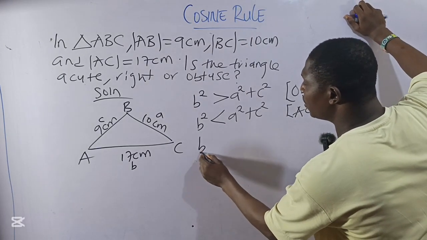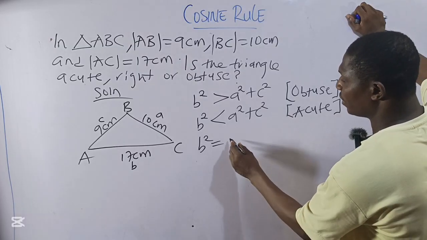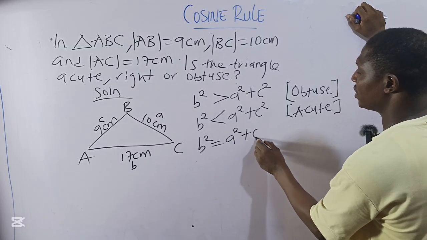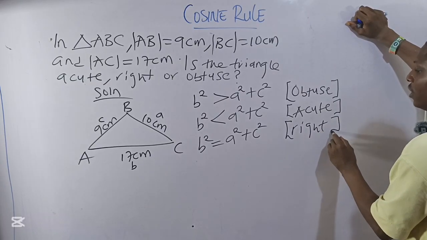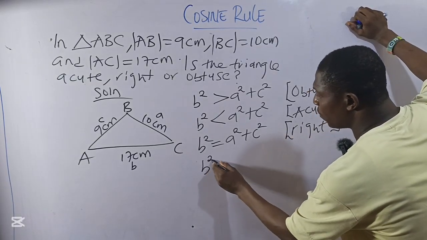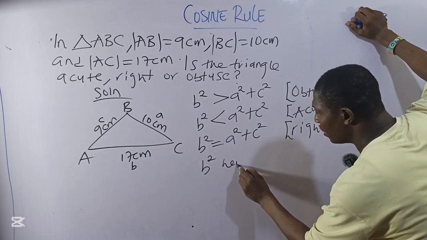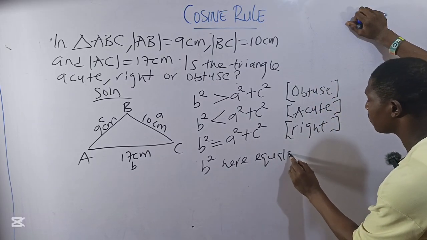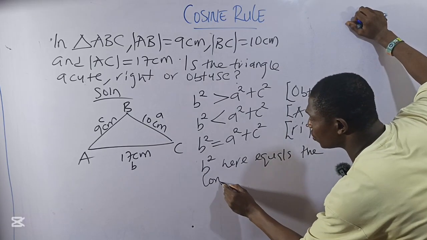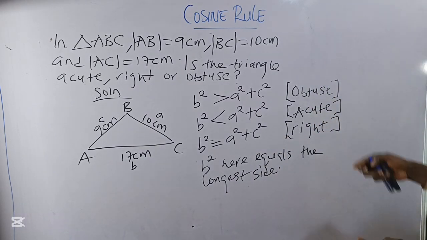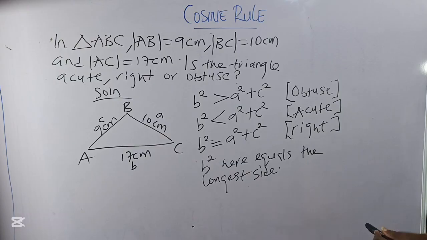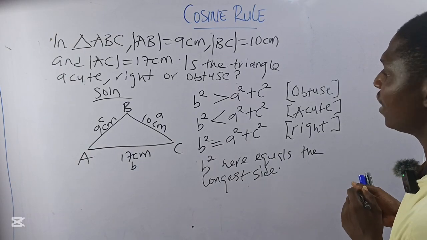And if B square equals A square plus C square, then we have a right triangle. But take note, B square equals the longest side. The triangle being acute, obtuse or right, B square is the longest side. So take note.